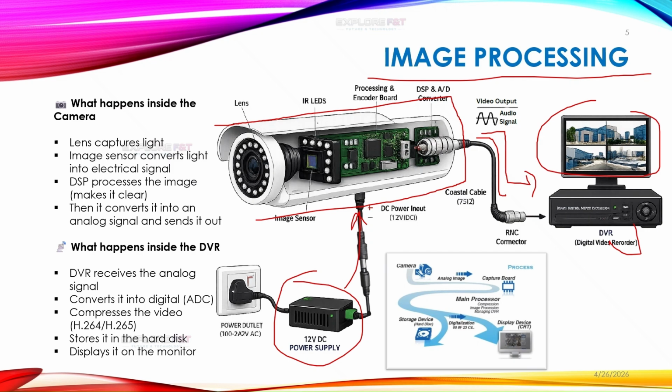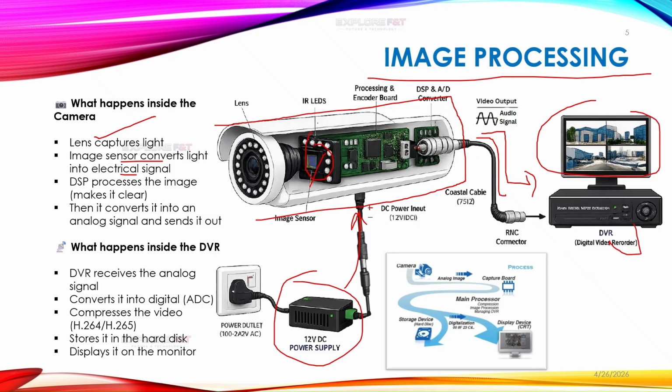You can see this is the lens. The basic work of the lens is to capture the light, and then the image sensor converts the light into an electrical signal.